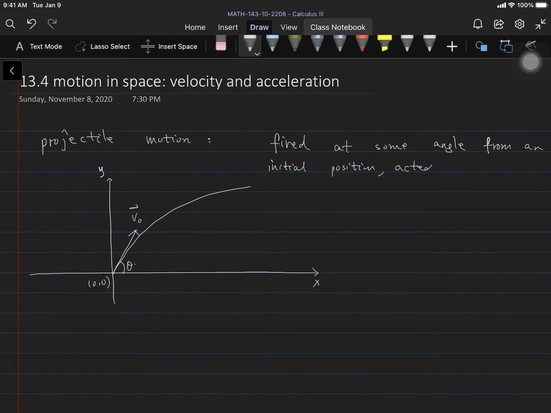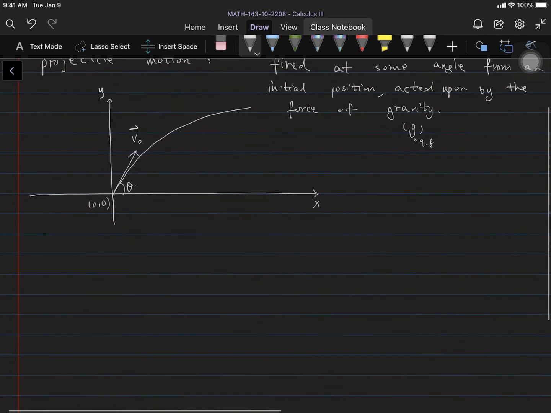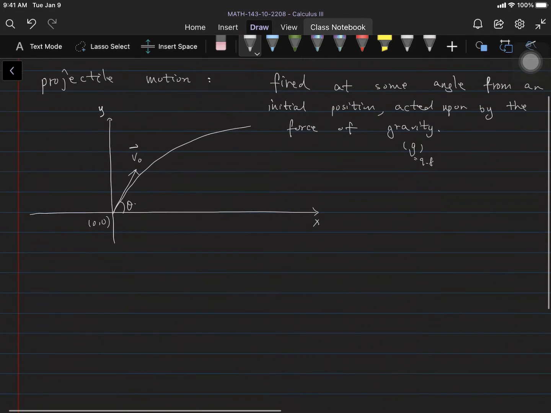And it is acted on only by the force of gravity. So that means the acceleration is g, right? Which is 9.8. Okay, something like this. Gravity.